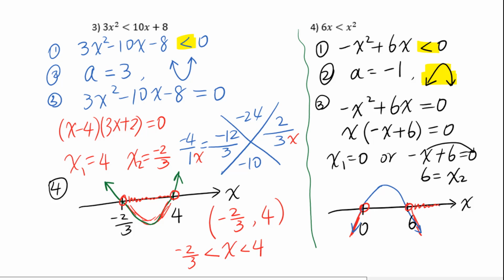So this is the solution and this is the solution. Here is negative infinity, positive infinity. Your solution we can write from negative infinity to 0, union with 6 to positive infinity. Or you can write x less than 0 or x greater than 6.